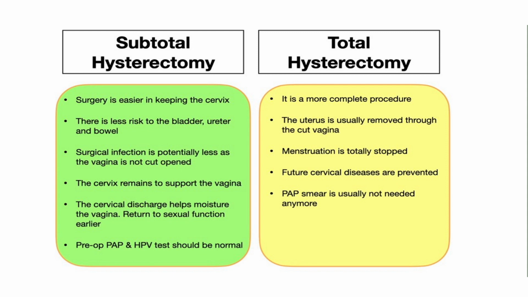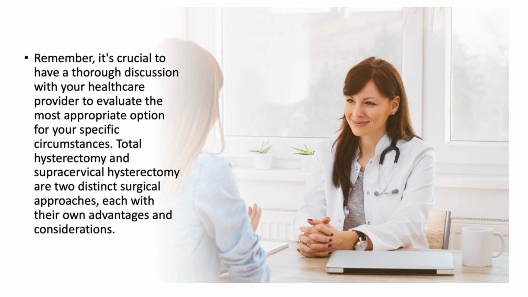However, cervical preservation carries a small risk of bleeding, pelvic pain, and malignant transformation, which may require further intervention. On the other hand, total laparoscopic hysterectomy has a lower incidence of reoperation and eliminates complications associated with the cervical stump. Ultimately, the choice between the two depends on several factors, such as the patient's medical condition, age, previous surgeries, and personal preferences.